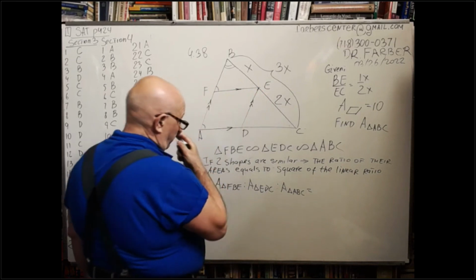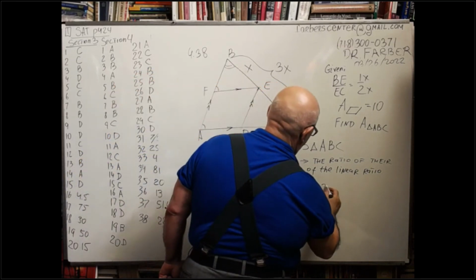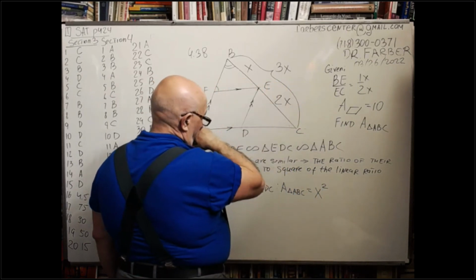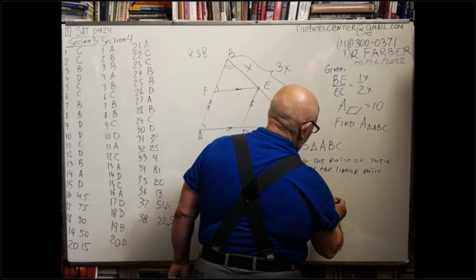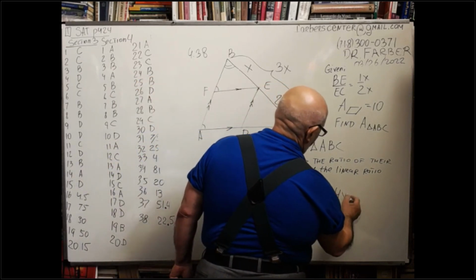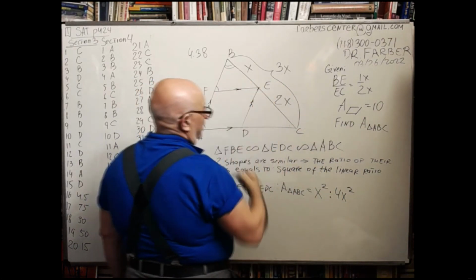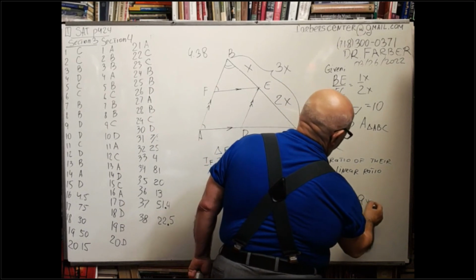Look at this. FBE has side x, x to the second. EDC has side 2x. 2x to the second power is 4x to the second. And BC equals 3x is 9x to the second.